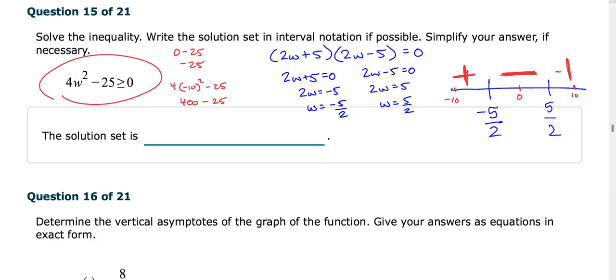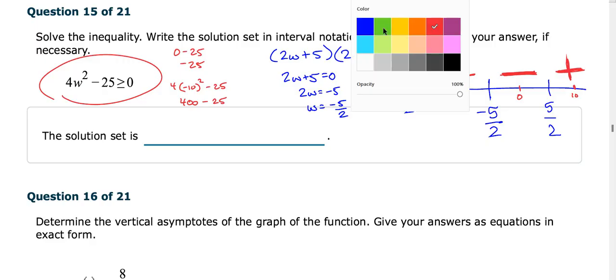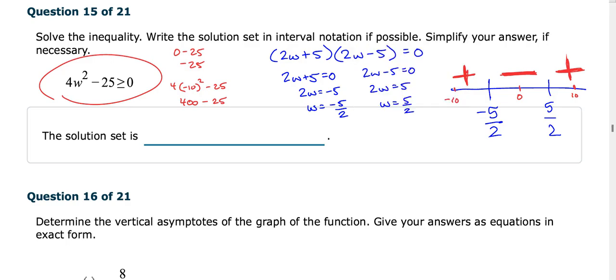Now, your inequality, 4w squared minus 25, greater than or equal to 0. You want the pluses. You want here, equal to 0, equal to 0, positive. That's your answer. Negative infinity to negative 5 halves with a bracket, and then bracket 5 halves to infinity.